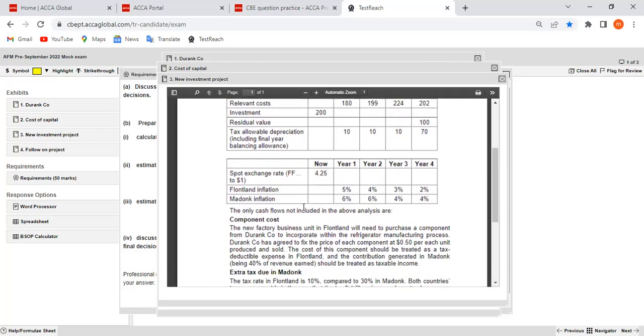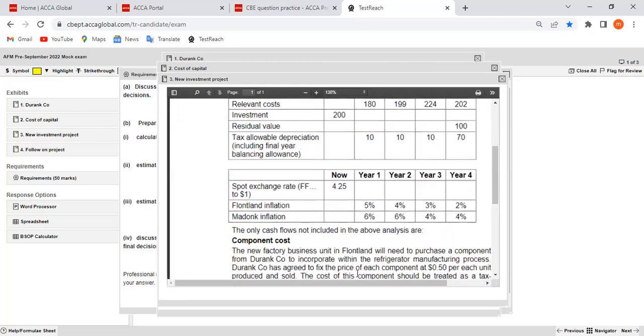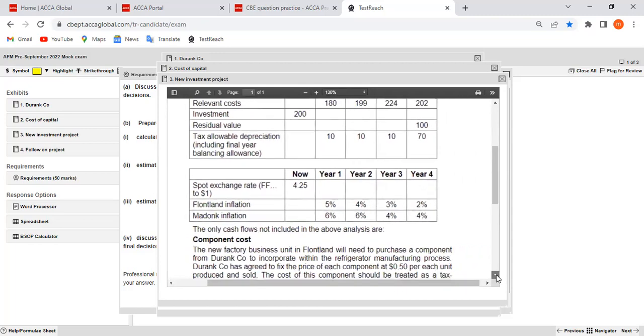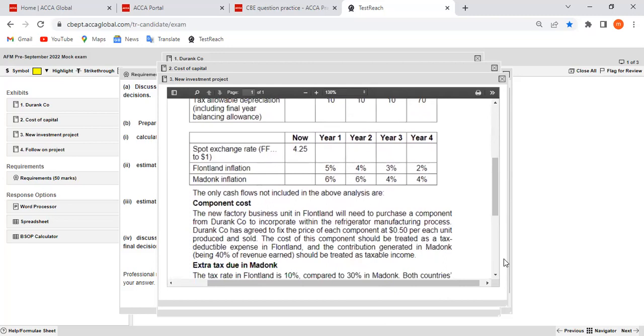The examiner said the only cash flows not included in the above analysis are component costs. So the new factory business unit in F will need to purchase a component from D company to incorporate within the refrigerator manufacturing process. So what is happening?